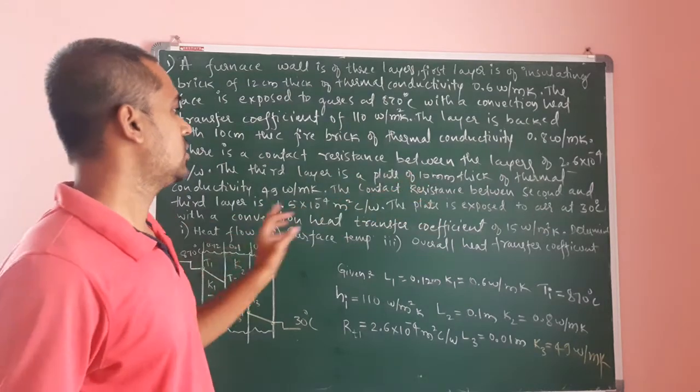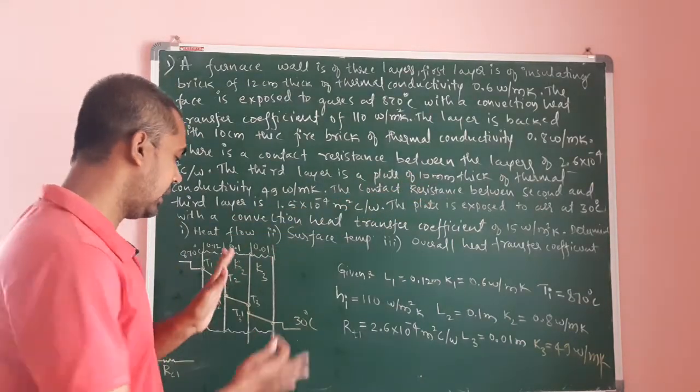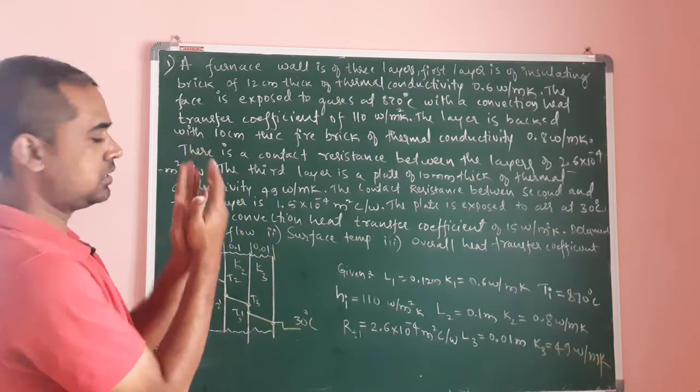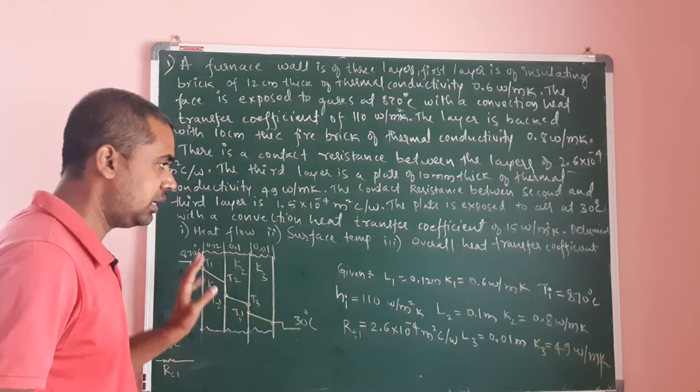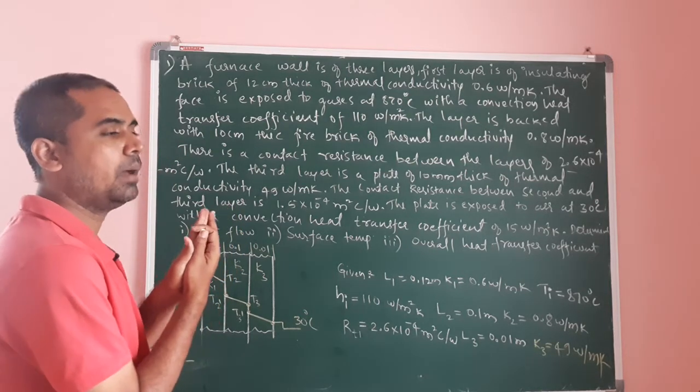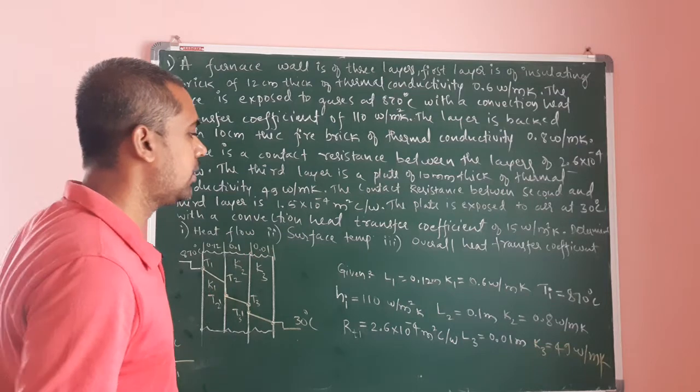The contact resistance between the second layer and the third layer. Again there is a joining of the two layers. Therefore, there is a drop in temperature in between those layers because of the air gap. Because of the air gap, there will be a thermal resistance.